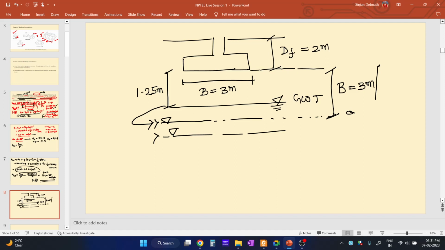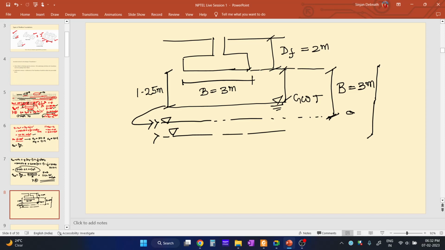In this problem the groundwater table depth is over here, that is 1.25 below the base of the foundation. And if the groundwater table depth is greater than B from the base of the foundation, in those cases we do not need to consider the effect of groundwater while calculating the bearing capacity of the footing.